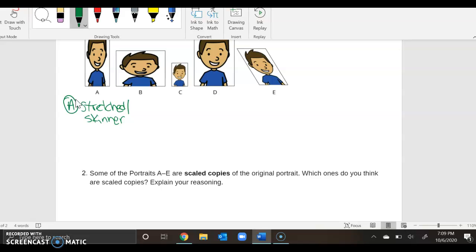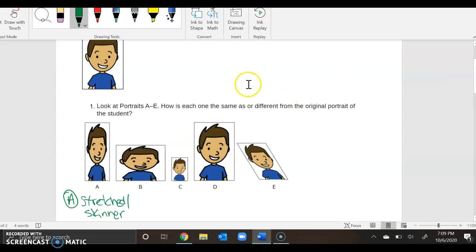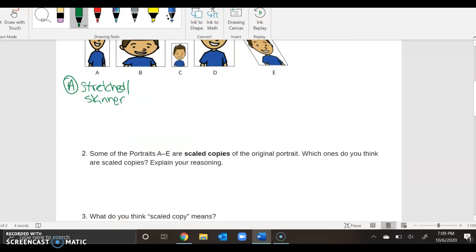Okay, and we can see that even though I know it's the same person in both pictures, he does not look exactly like he did in this top portrait. So we're going to say that he does not look the same as the original.